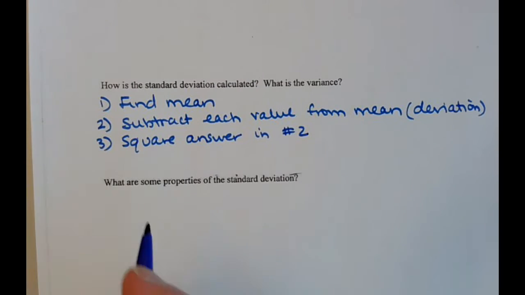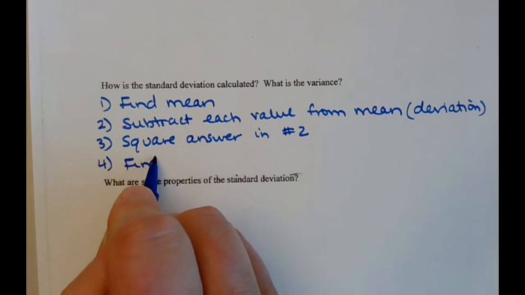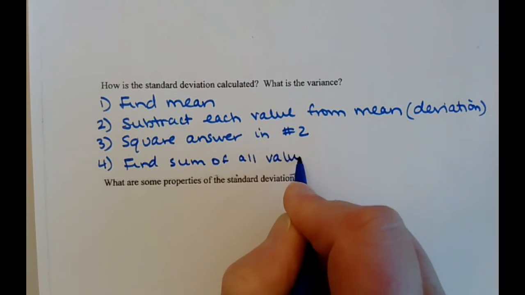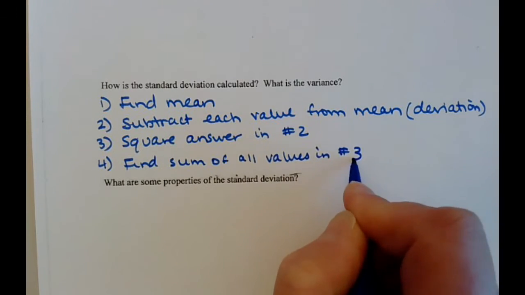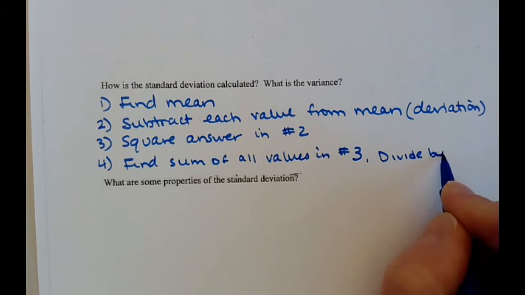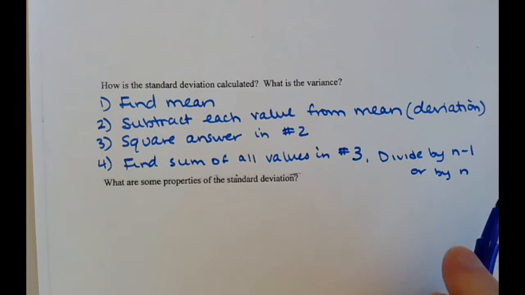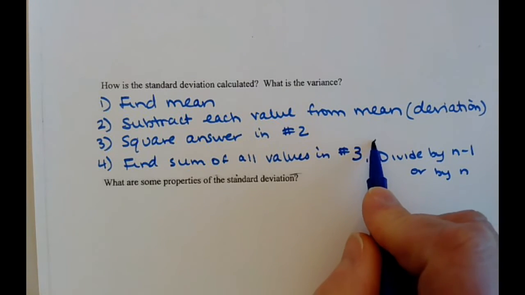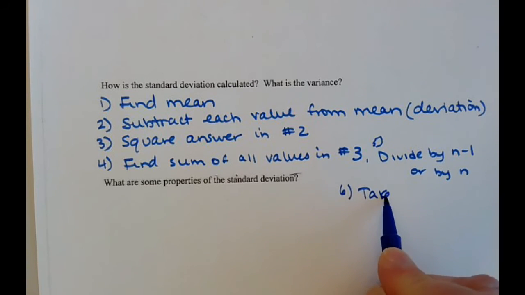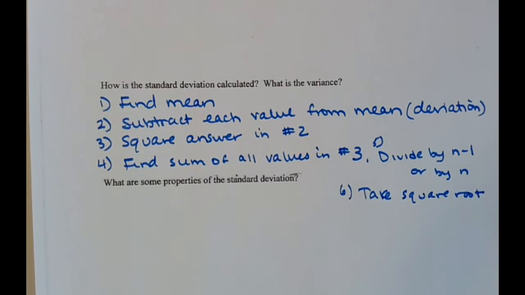We're going to square those answers. We're going to find the sum of all those values. Then we're going to divide, depending on if it's a sample or a population. And that's step 5. We're going to take the square root, and that's going to give us our standard deviation.